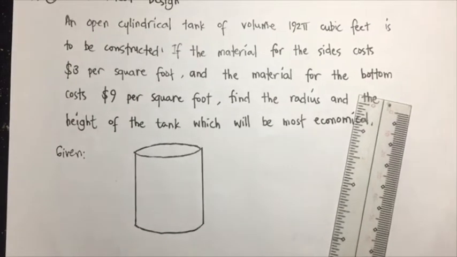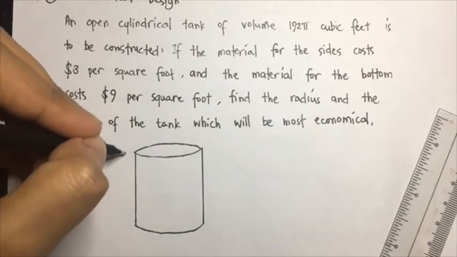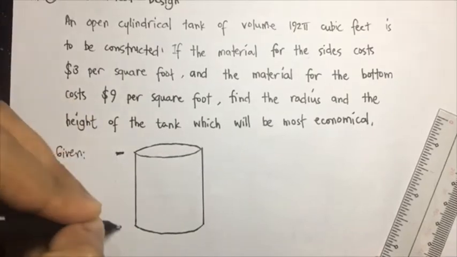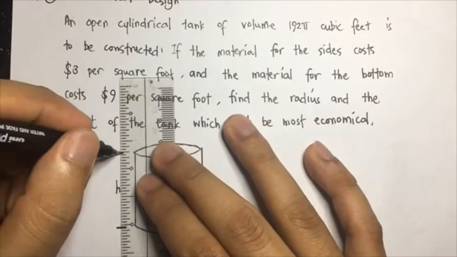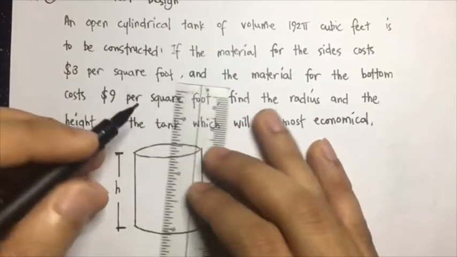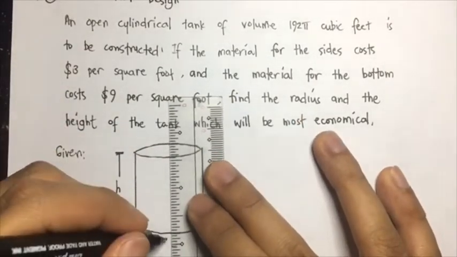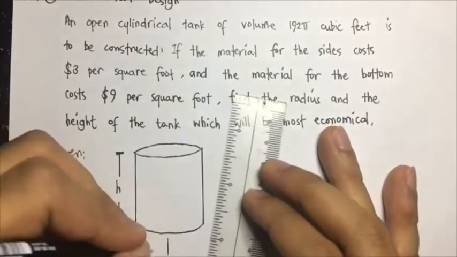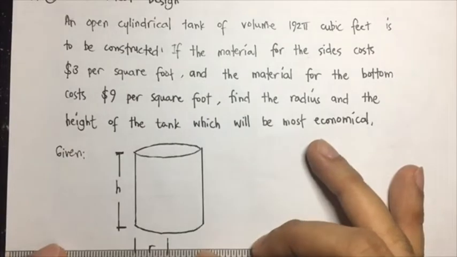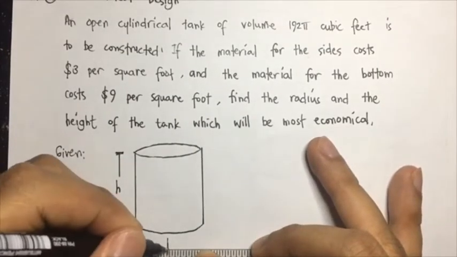So we are asked to find the radius and the height. So let's say this is our height, h, and then our radius, of course, from the center. So this is our radius.